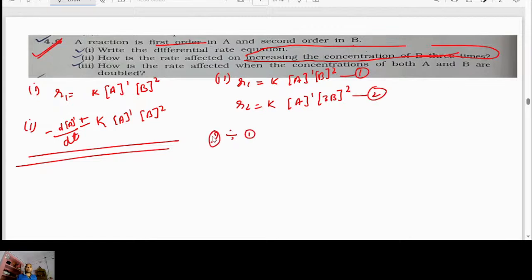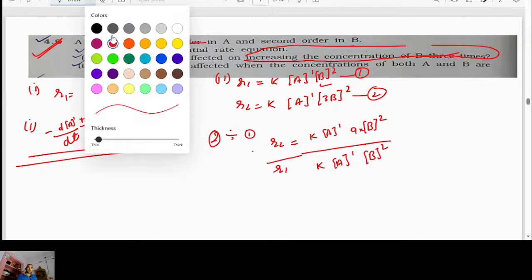So you divide equation 2 by equation 1. R2 is k, A power 1 and 3 threes are 9, B power 2. Divided by R1, which is k, A power 1 and B power 2.